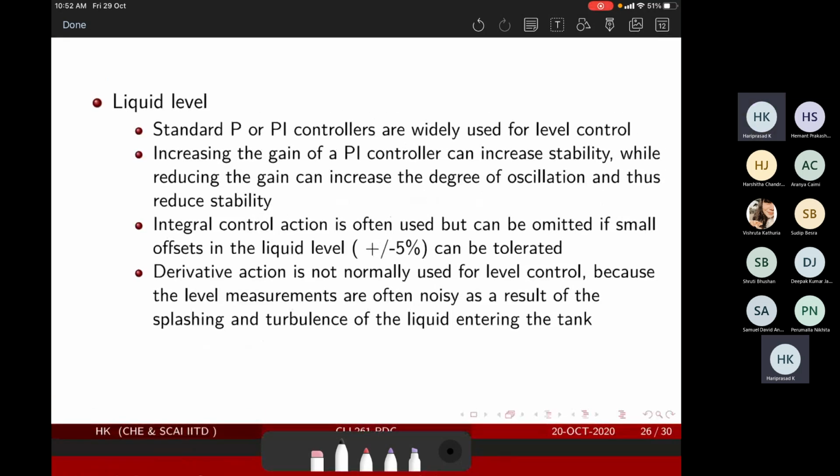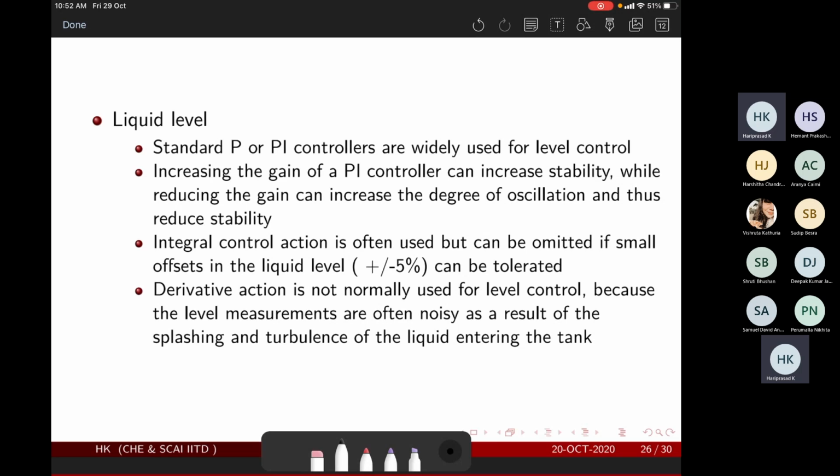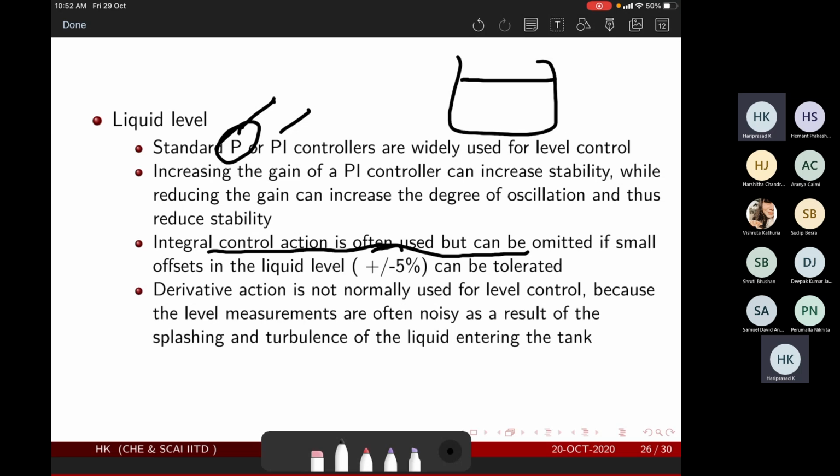Okay, liquid level. This is basically the tank level. Most of the time you would use either P or PI, but you might tend to use P most of the time. Why? Because integral action is often omitted. Say this is your tank level and you need to achieve this set point.